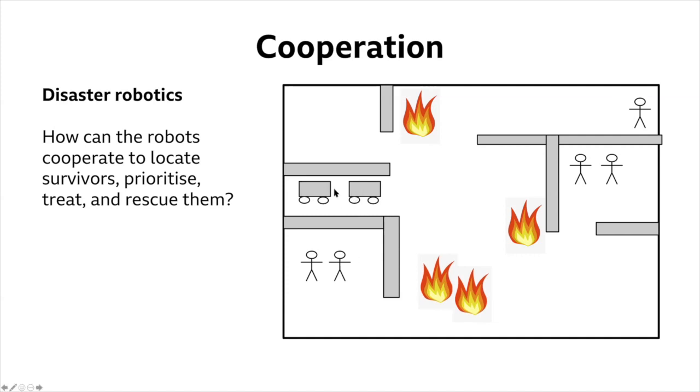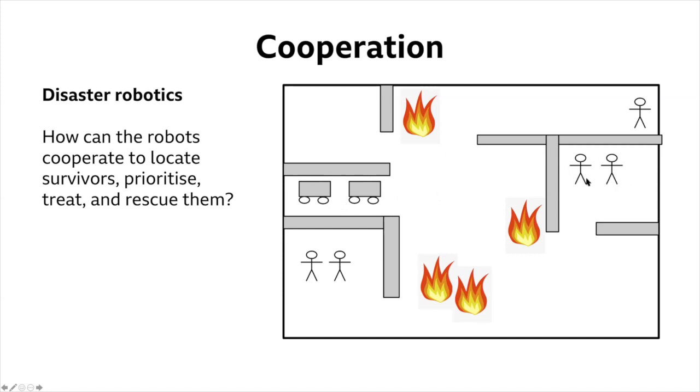And it's very natural to think about these teams of robots being able to cooperate in exactly the same way that human teams, human rescue teams would cooperate. So human rescue teams going into this environment would very naturally share information with one another. So a robot exploring over here would share the fact that it had found a survivor with other robot rescuers.